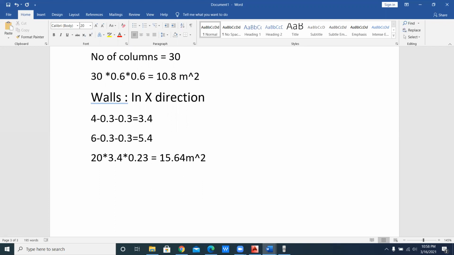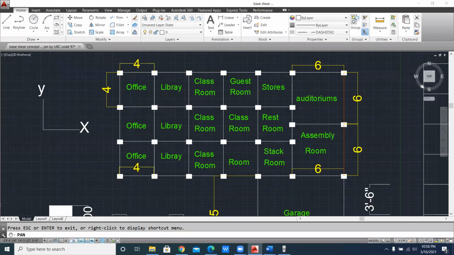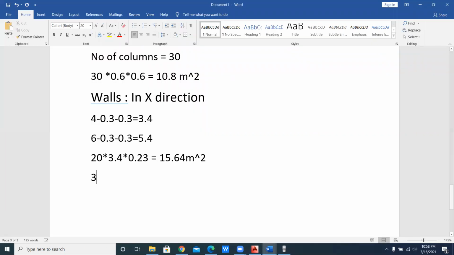Now here, the x-axis value is normally 1, 2 and 3 values. That is 3 multiplied by 5.4 and multiplied by 0.23. From this calculation you get 3.726 square meter.